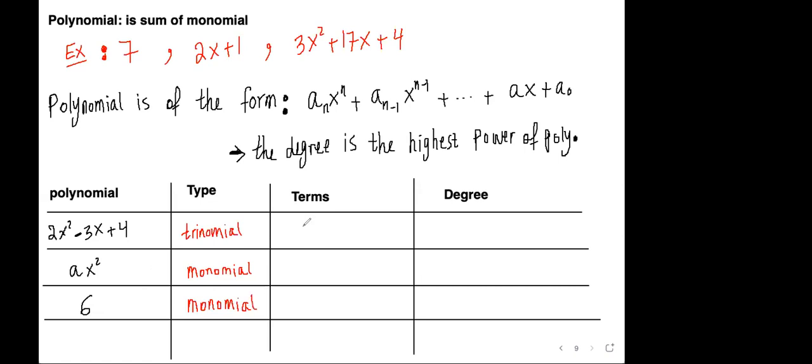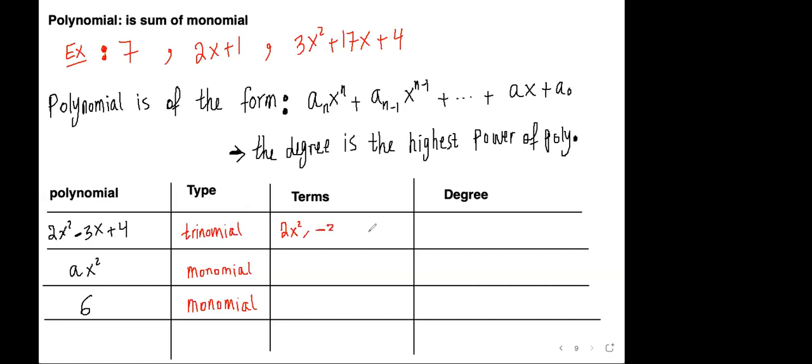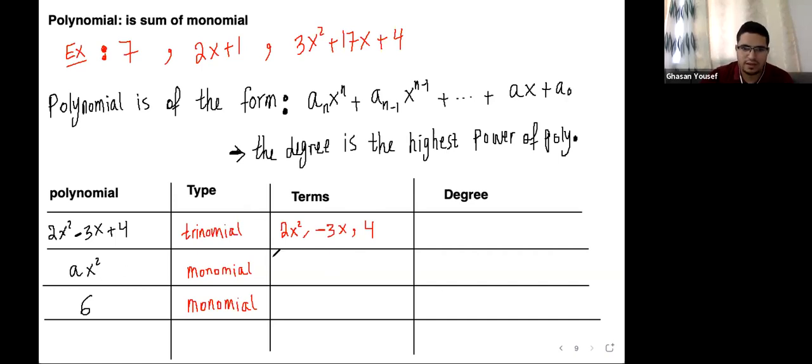Now, what are the terms here for the first one? The terms will be like this: 2x squared, comma, minus 3x, comma, and 4. For the second one, we have only one term because it's a monomial, so it's ax squared. For the third one it is 6 only.